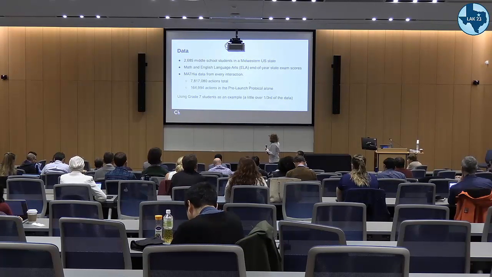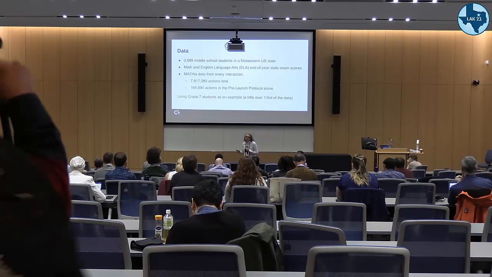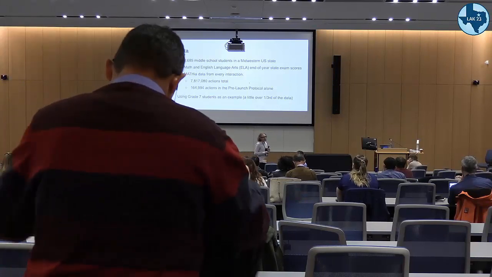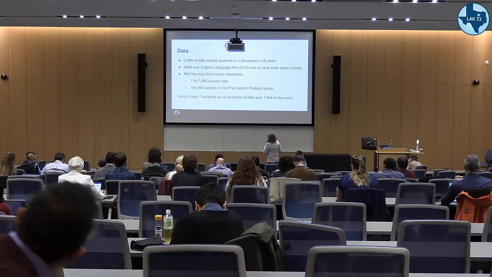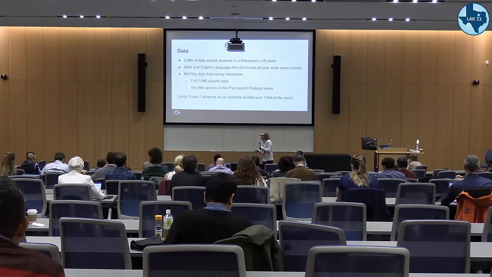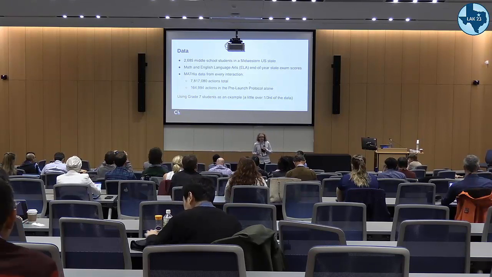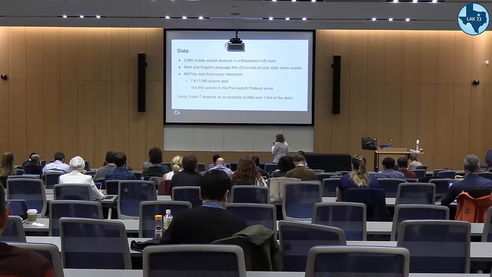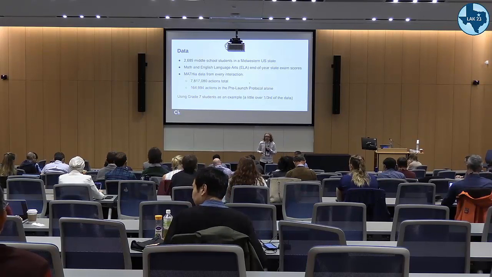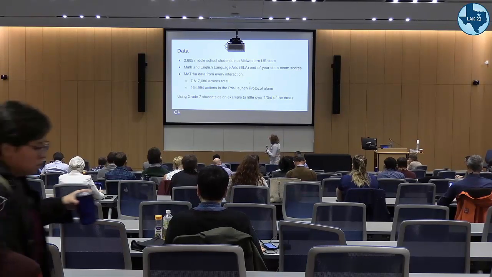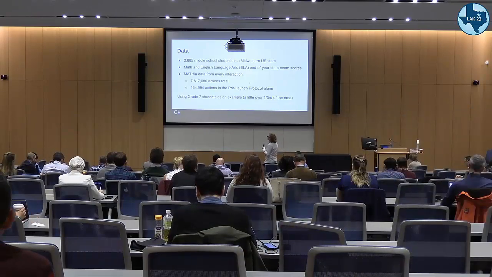All right, and then to introduce the data that we used for this project, we had data on 2,600 middle school students from a Midwestern US state. And we received the students' math and English language arts end-of-year exam scores from the district.